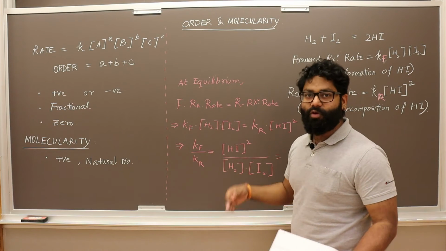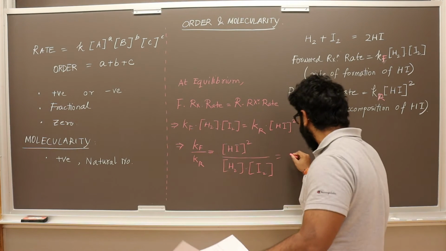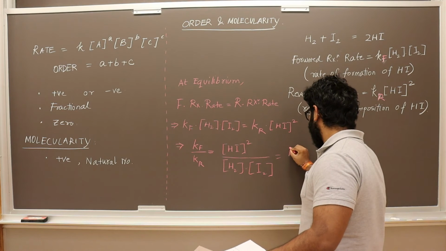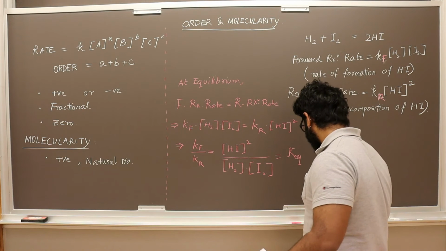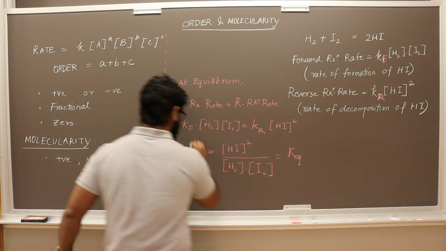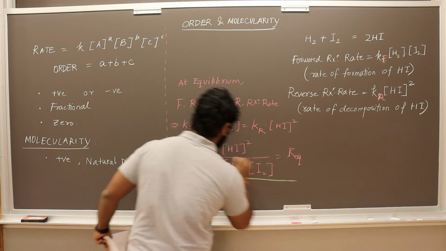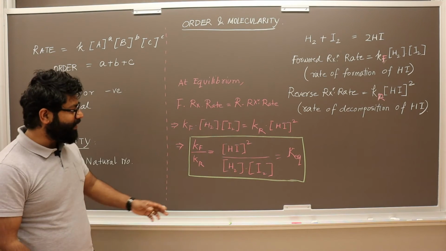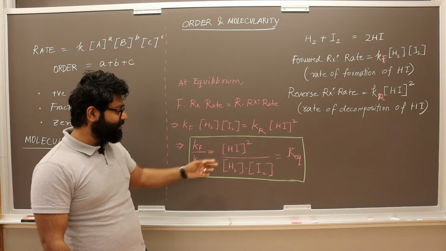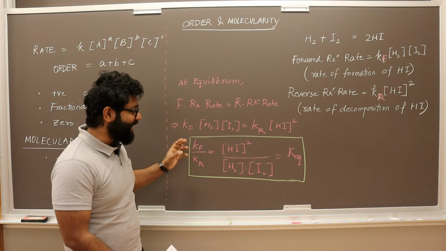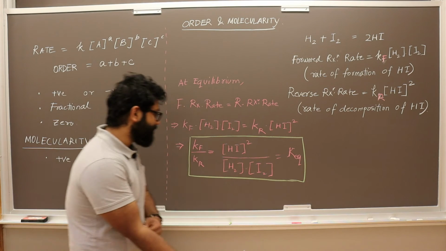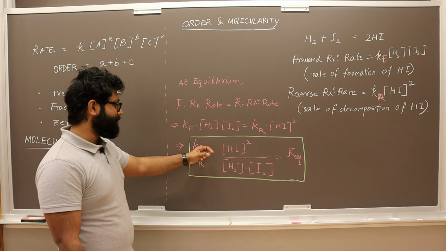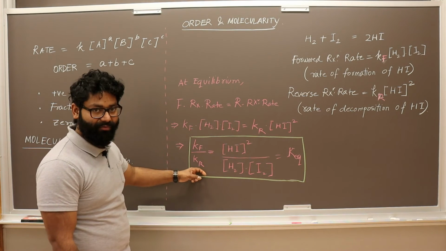So the ratio of two constants should also be a constant, and I call that constant K equilibrium. Okay. So this is the relationship between chemical kinetics and chemical equilibrium, because chemical equilibrium is just a ratio of the forward rate constant and the backward rate constant.